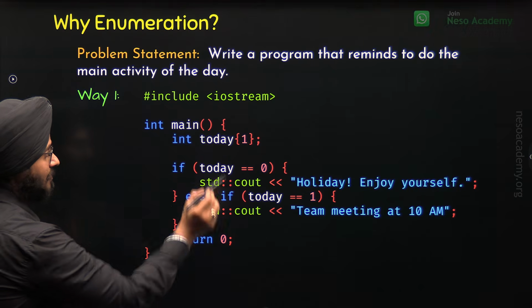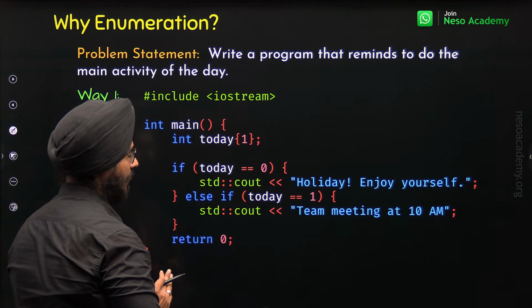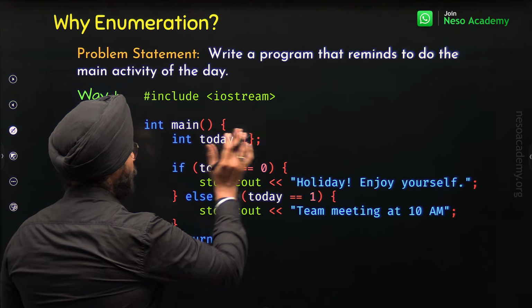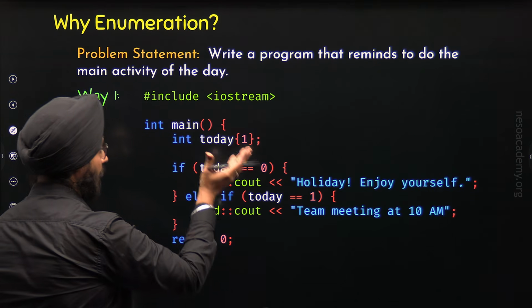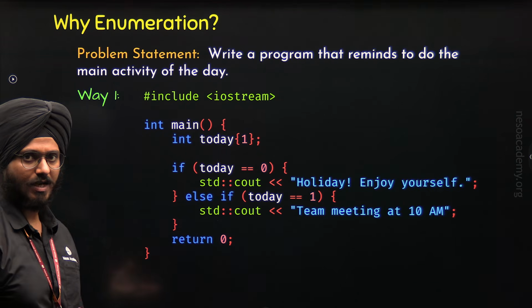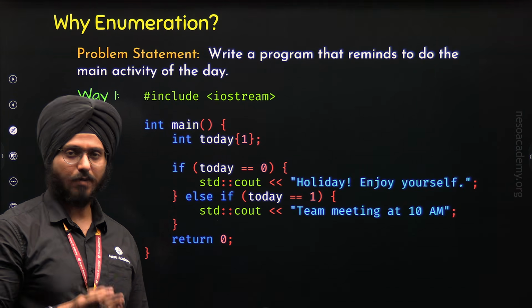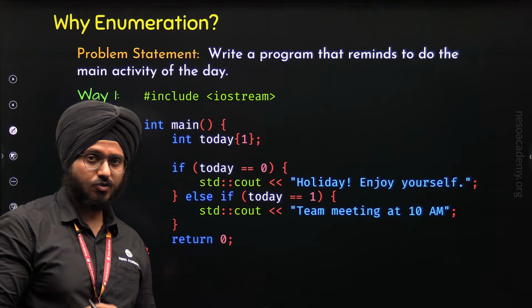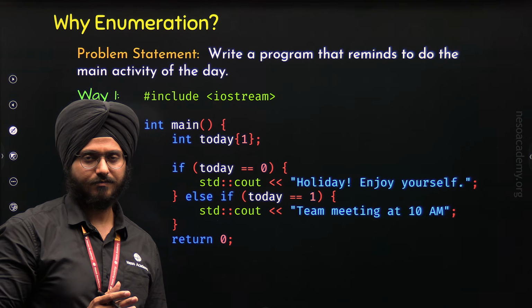And I have initialized this variable through list initialization. We have learned this already. Today is 1. What does this mean? 1 represents Monday. This is my assumption. I am assuming 0 represents Sunday, 1 represents Monday, 2 represents Tuesday, 3 represents Wednesday, and so on.